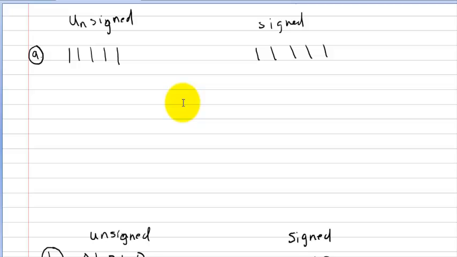So here's the first one, A. Treating this number as unsigned, we don't have to do any 2's complement because it's unsigned, so the first value is included in the sum of the numbers.